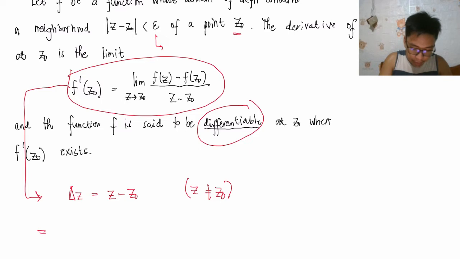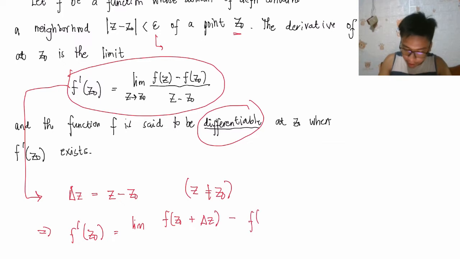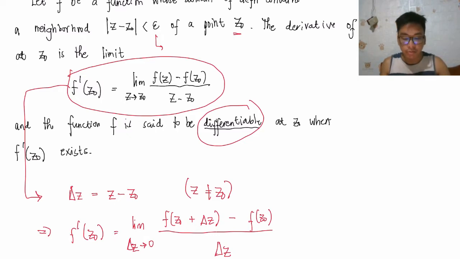Then we can rewrite the above definition as f prime of z sub 0 equals the limit of f of z sub 0 plus delta z minus f of z sub 0, all over delta z, where your delta z approaches 0.